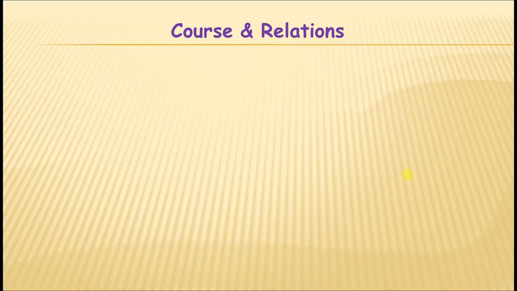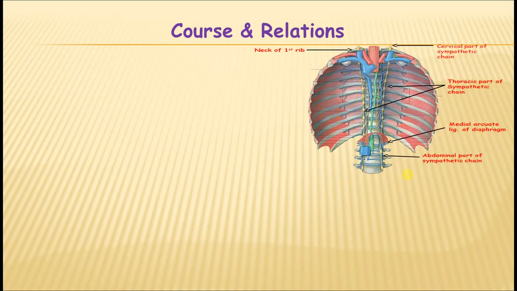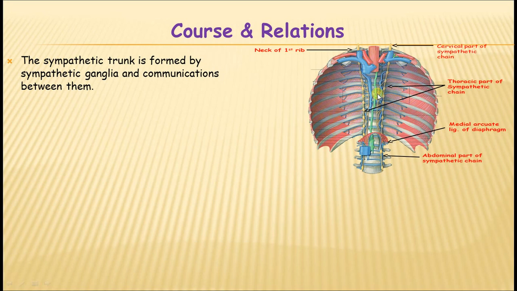Now we will see the sympathetic component. It is mainly formed by the sympathetic chain, and we have a series of ganglia along the sympathetic chain. These are the sympathetic ganglia. So there are 11 pairs of sympathetic ganglia.